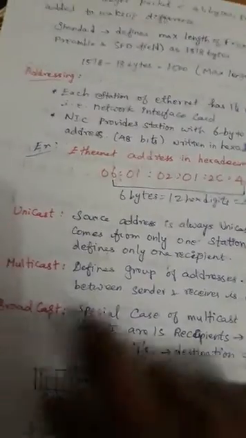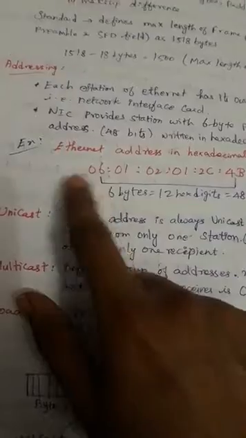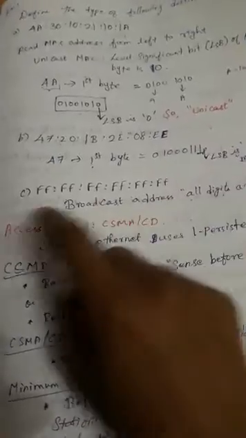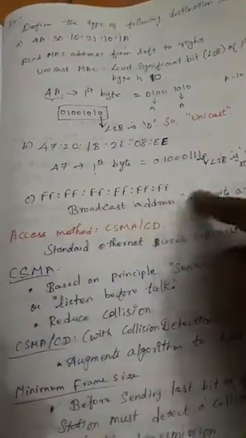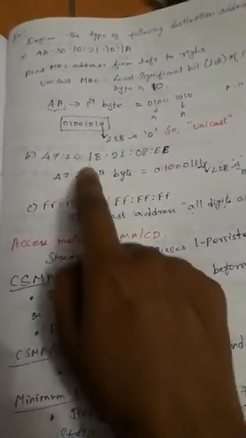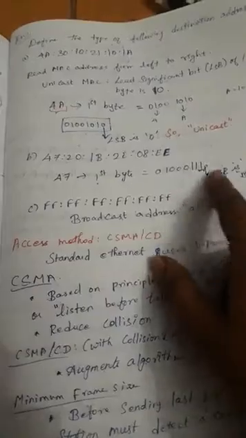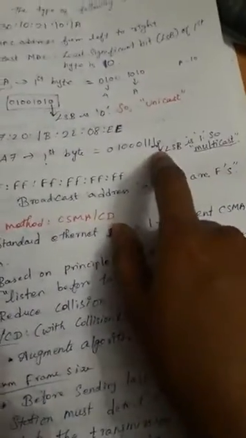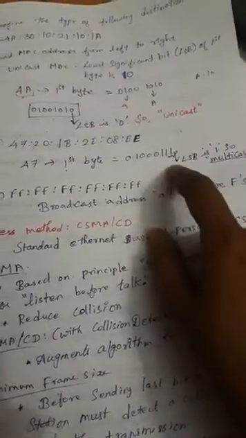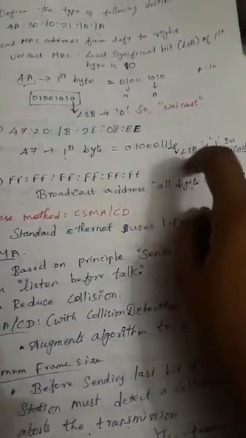And for broadcast, if the address is like F, with all the digits the same and all F, then it is called a broadcast address. See, this is the least significant bit. Converting this, we get 1 as the last digit, so our least significant bit is 1, so it is multicast.